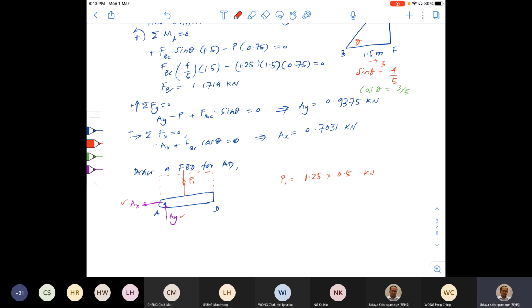Okay. And next, you are going to mark your internal forces at section D. Can you mark the internal forces? Mark all three possible internal forces. Okay. The first one is the normal internal force. And the second one is the shear force, which is applied along the cross section. Mark it downwards, VD. And the last one is the moment, MD.